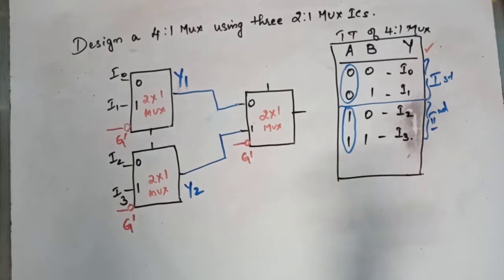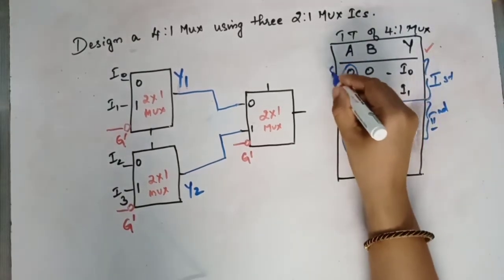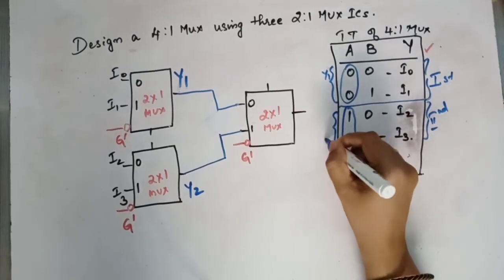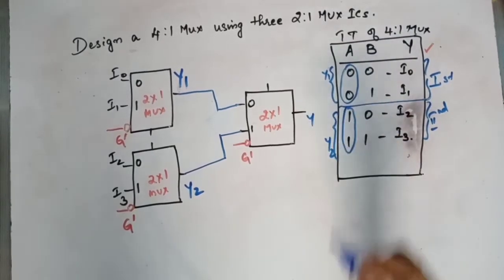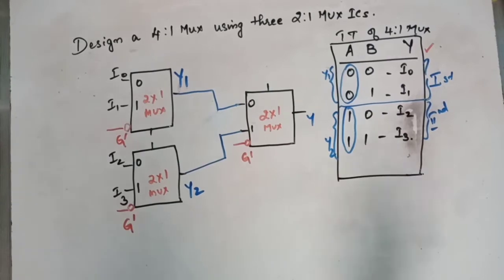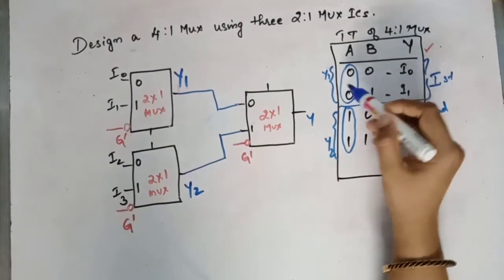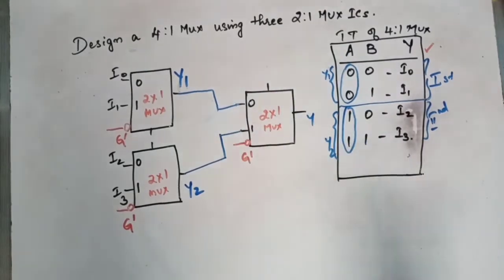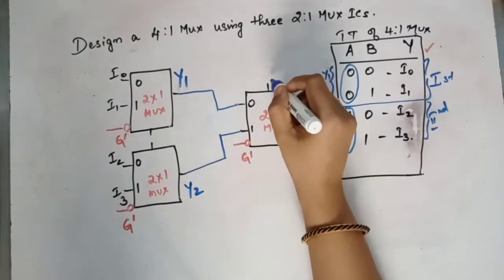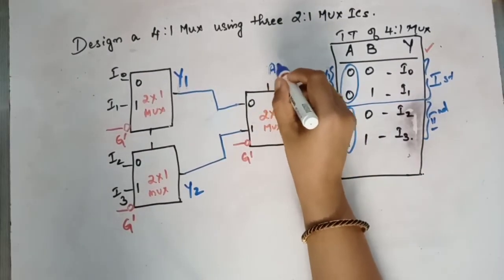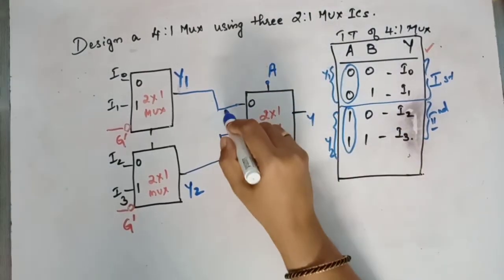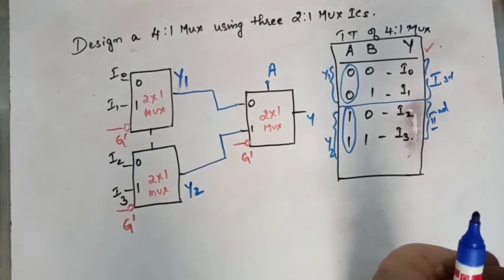That is, this is the case when you need Y1, this is the case when you need Y2. This is my Y. So A equal to 0 means choose Y1, A equal to 1 means choose Y2. So what should be the select line here? It should be A. A will decide whether to choose Y1 or Y2.